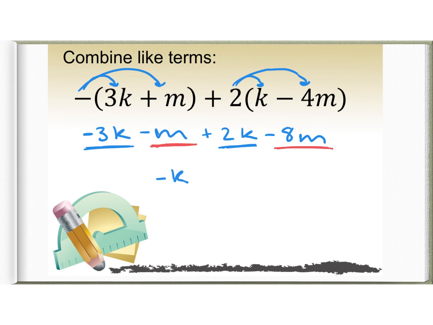Negative 8n. How do I combine negative n minus 8n? Just add them. So it's negative n minus 8n. Negative 9n. Any questions here? Ready for the next one?